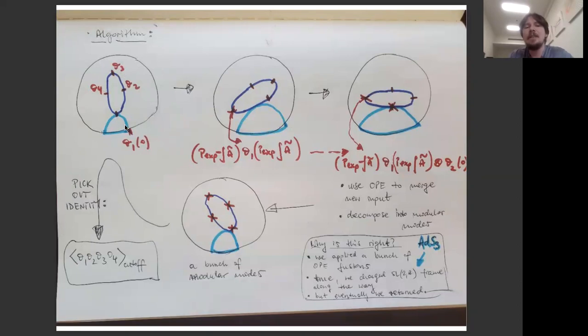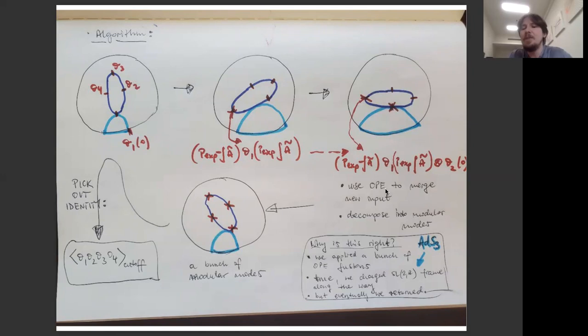I'm going to take one of these operators as a starting point, and I will apply this A tilde and move it along. And I keep doing this just like we did on the previous slide until I meet one of the new inputs, one of the operators whose correlation function I'm computing. And then I will just tensor it, by tensoring the operator with another operator, I can use the OPE in the CFT to merge them.